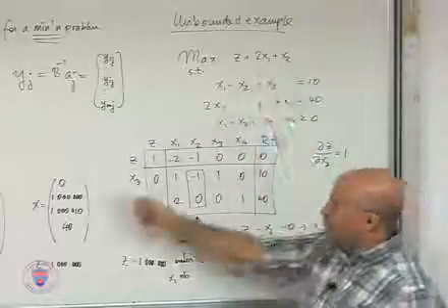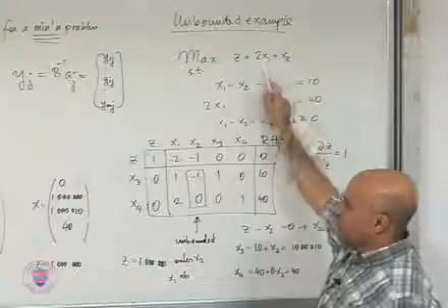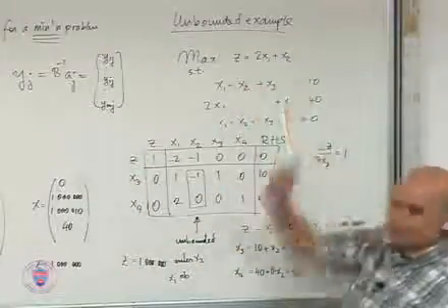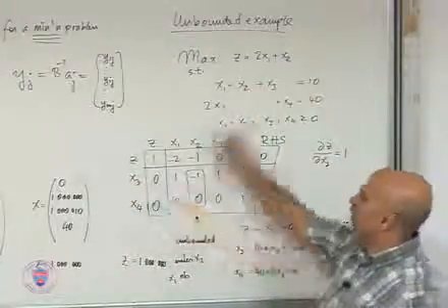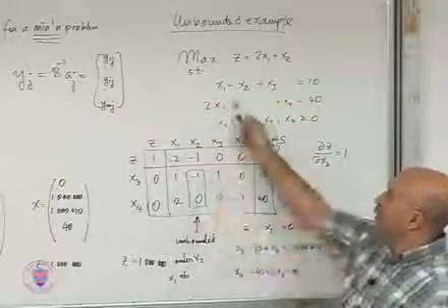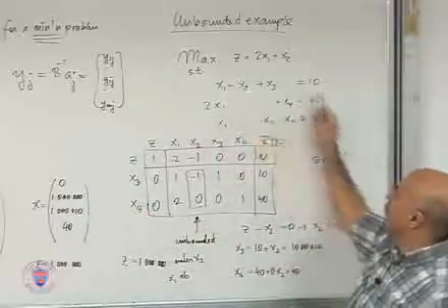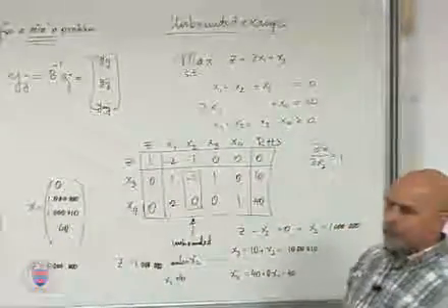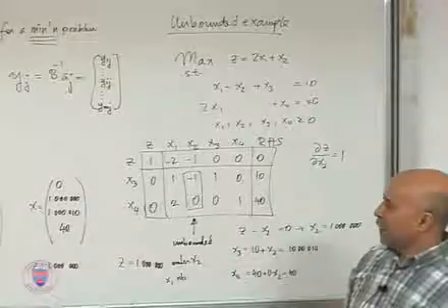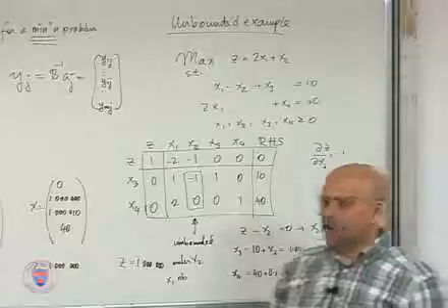Is the objective value truly 1 million? Let's check. 2 times x1. Well, x1 is 0, so it doesn't change. But x2 is 1 million, so yes, z equals 1 million. And if you plug in the values of these constants for the variables, you will see that you are satisfying the equations. So it is truly feasible. Is it basic feasible?